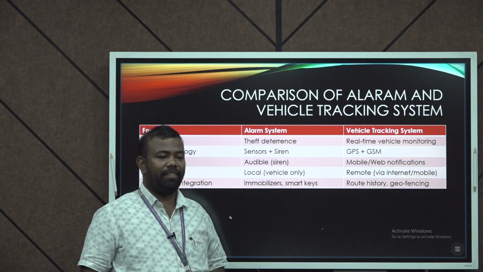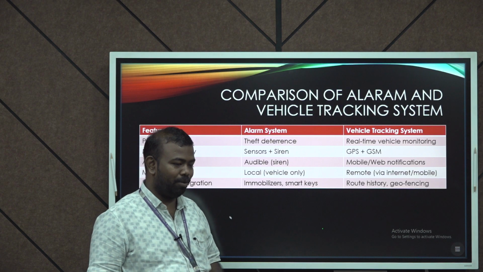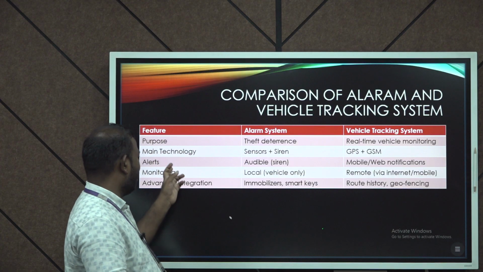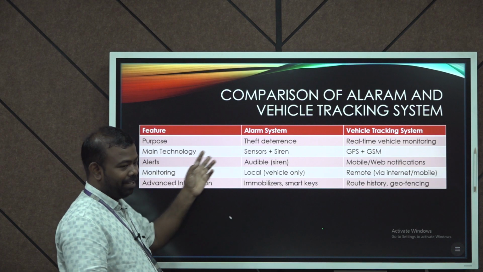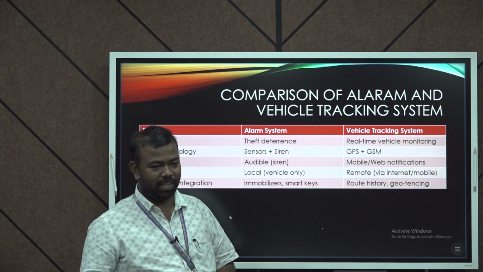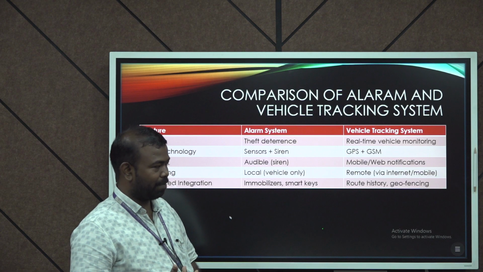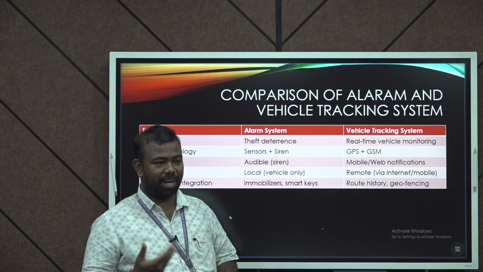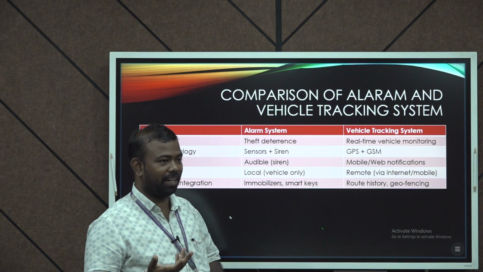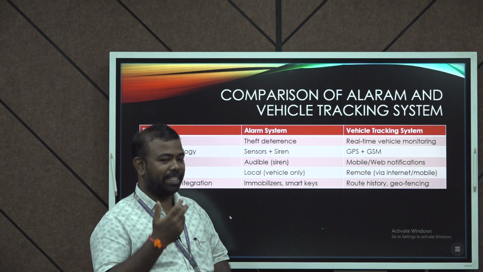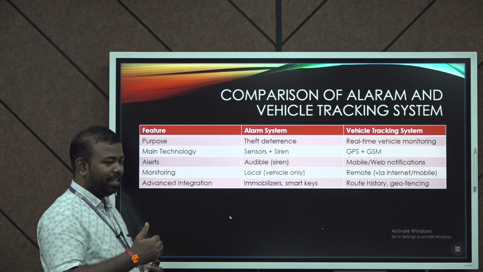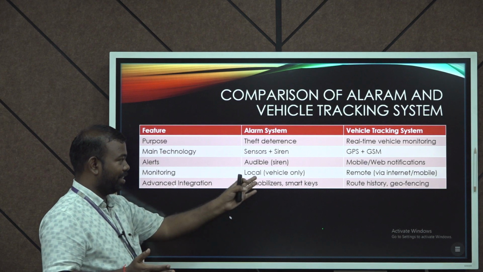For the vehicle tracking system, we need to use GPS and GSM modules, and alerts are kinds of sounds for the vehicle alarm system. Anyhow, for the tracking system we need a mobile notification or message, in the form of text. That monitoring is entirely different from the alarm system.